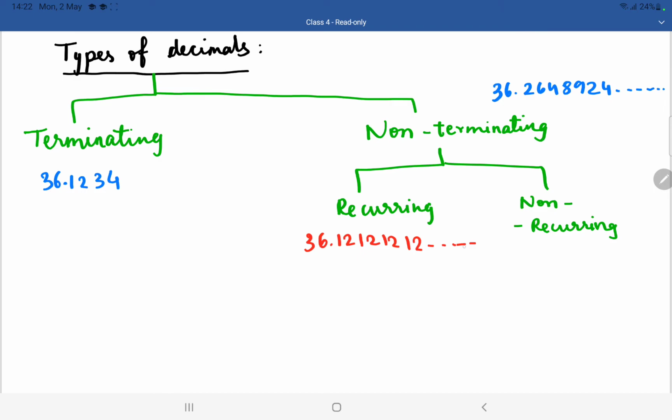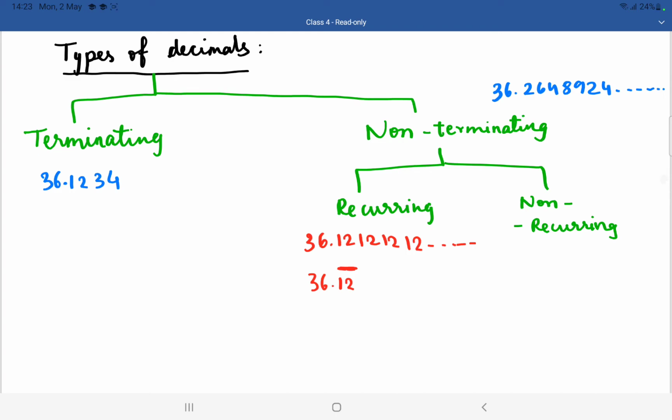So instead of putting the so on symbol, you can write 36.12 bar. 12 bar means this number only is repeating many times till infinity. Instead of writing all these, you can just write 36.12 bar.